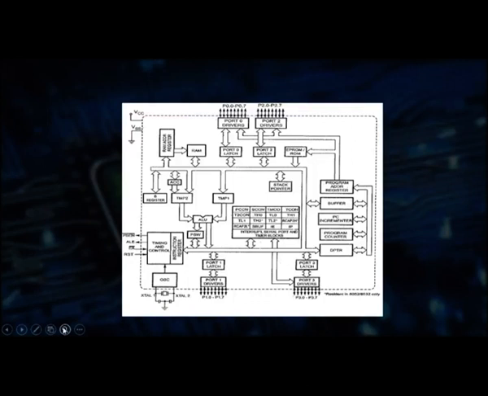The multiplexed address and data lines are demultiplexed using the ALE signal. ALE is address latch enable, which is used to demultiplex the multiplexed address and data lines. Then this is port 3, which has 8 bits of bidirectional lines.